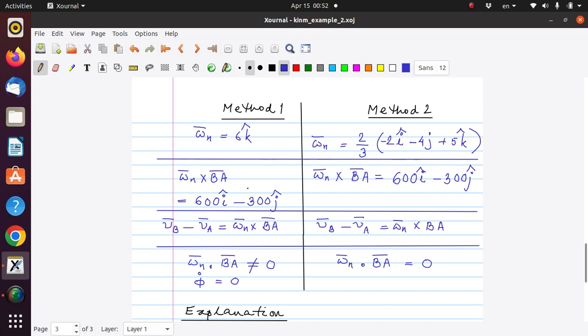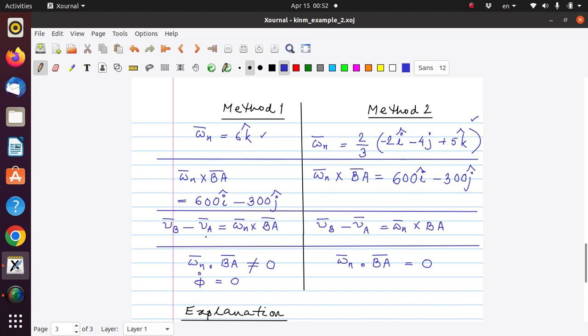So omega n is 6k from method 1 and omega n is this. But if you take omega n cross BA, and you know this is the relation VB minus VA, actually VB minus VA depends on omega n cross BA.